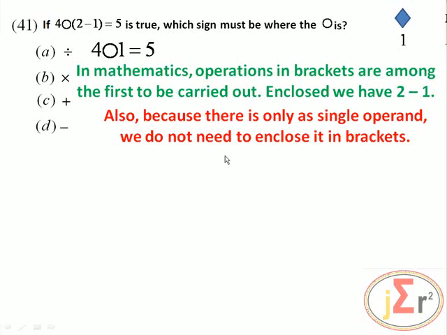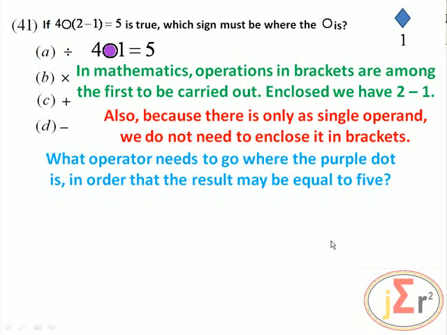So we are saying 4 operating with something else, which is 1, and the result is 5. So what will we put in the place of that purple dot?